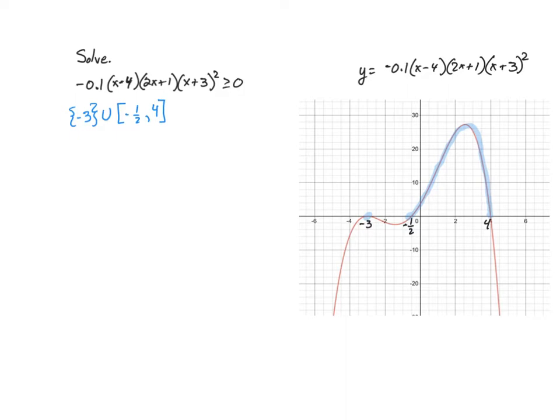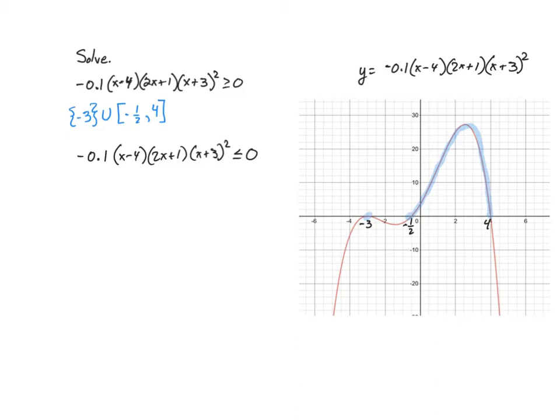Now its related inequality, let's do -0.1 times (x - 4) times (2x + 1) times (x + 3) squared. Let's say we want to know where it's less than or equal to 0. Now we want to include any number that gives a result that is negative or equal to 0.